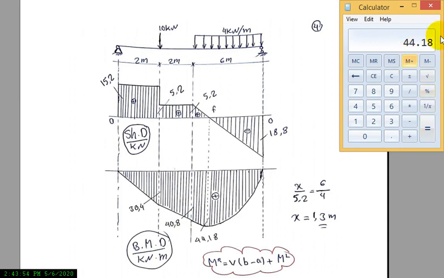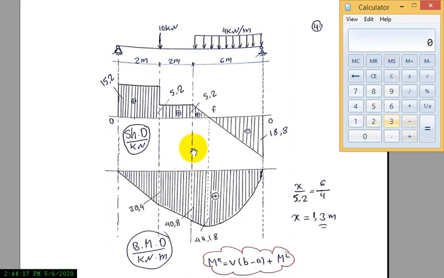This is the maximum moment, at this point. When we calculate the area of the next triangle, it's negative, so it must be minus 44.8, because the summation of moment must be 0 at this point.